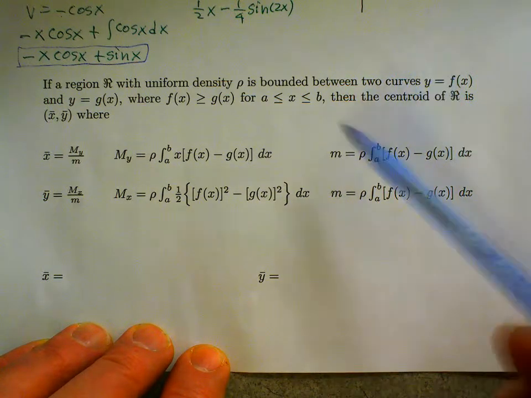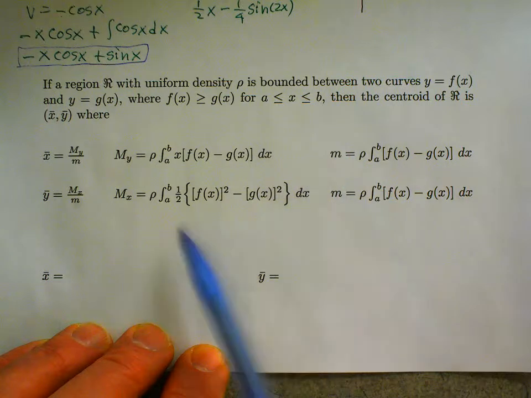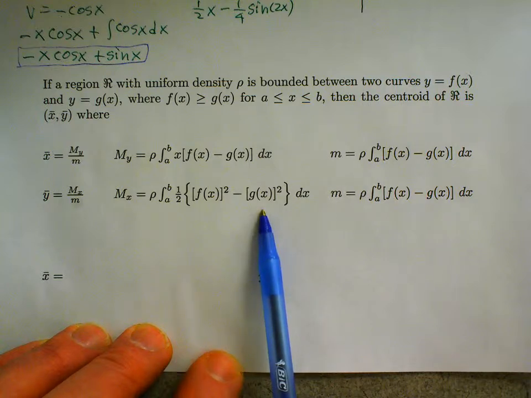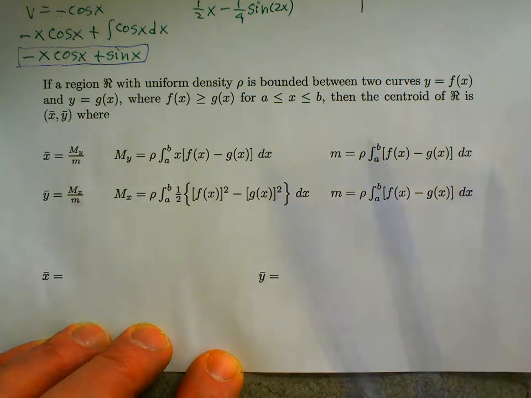The thing that might get you into trouble is you might try squaring the difference of f of x and g of x, which is not the same as squaring f of x and then subtracting the square of g of x. So just be careful with this one.